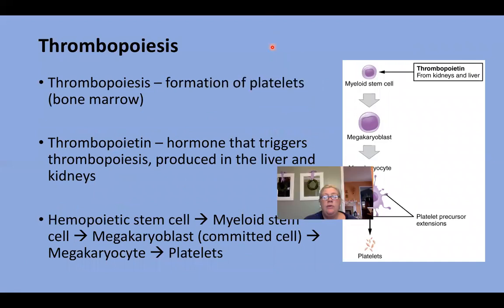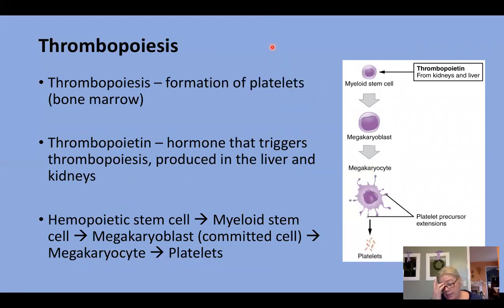Thrombopoiesis is going to be the technical term for the formation of platelets. Again, this is going to happen in the bone marrow. Anything that is T-H-R-O-M-B is going to relate to some sort of clotting of the blood.